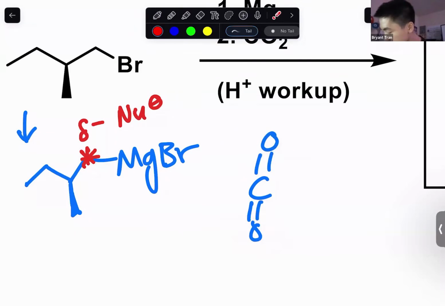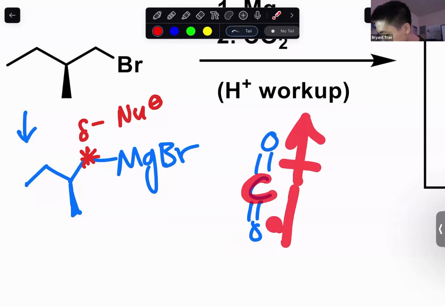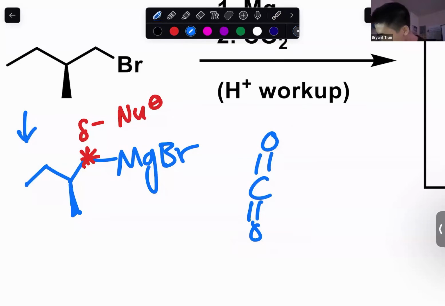What partial charge would you expect this carbon to have? Partial positive charge, right? So this carbon is the electrophile because it's positively charged. This carbon is the nucleophile because it's negatively charged. And the nucleophile will attack the electrophile.